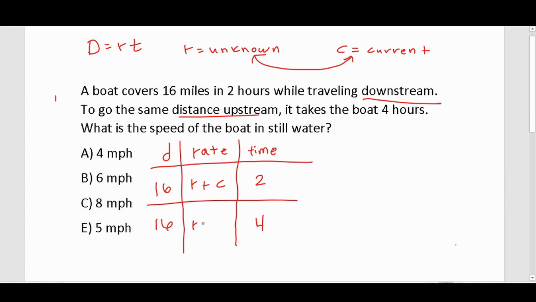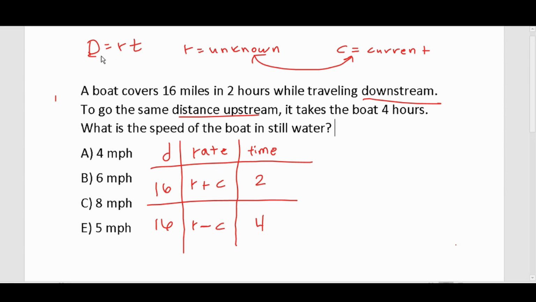So I'm going to represent this as rate minus current, because the current is taking speed away from you. So now that we have everything set up, all we really need to do is find the rate and the speed of the current. So let's go ahead and think about how we're going to do that.